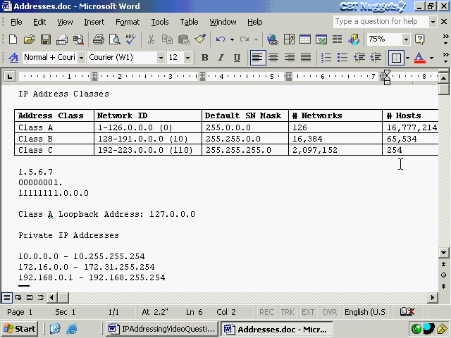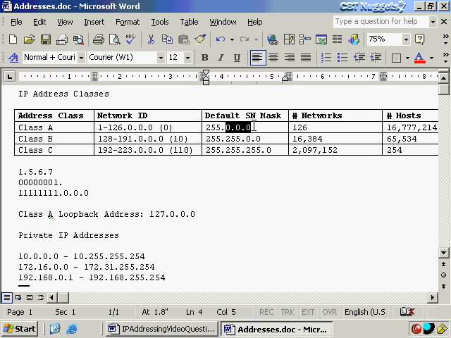Now, notice the correlation here. The more bit positions we reserve for the network side, and these subnet masks where it has 255 are all reserved for the subnet portion or the network portion. So we have a network portion on a Class A address of the leftmost octet. So there's 8 bit positions reserved for the networks, and there's 8 plus 8 plus 8, there's 24 bit positions reserved for hosts.